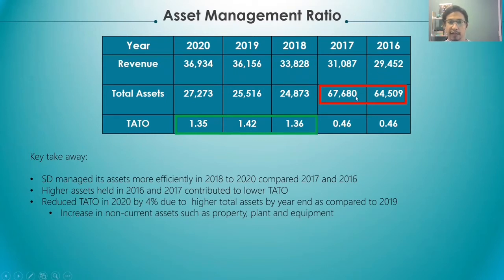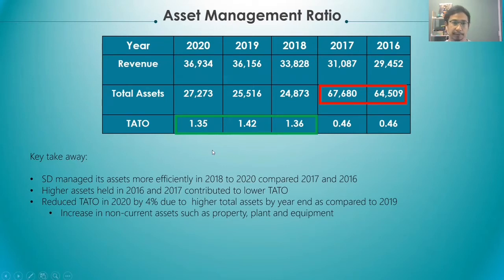However, they had a very high asset of around 66,000 on average per year. And the reason why they had higher total assets in 2017 and 2016 is because Sandabi was still engaged in their plantation and property business, whereas from 2018 onwards they had moved out of those two sectors.